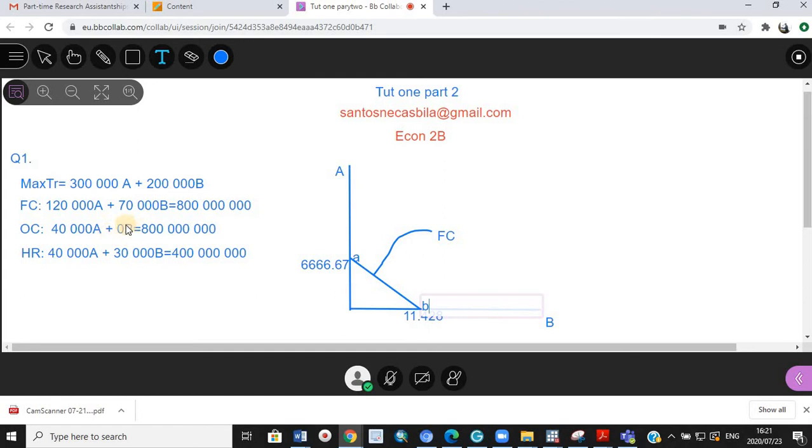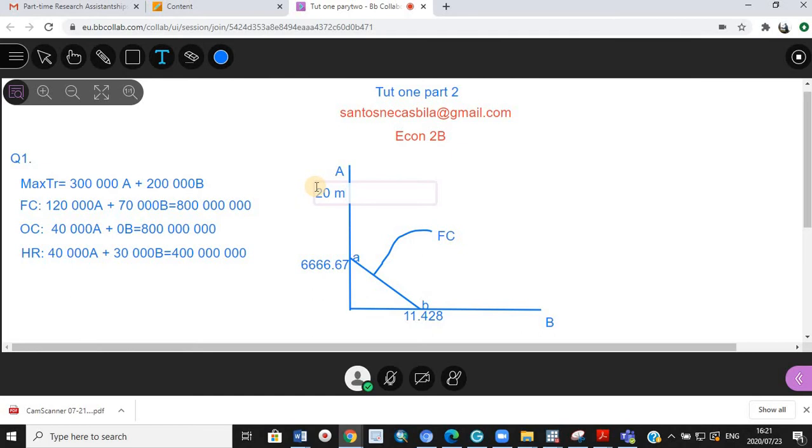This is already 0, okay? So if B is 0, A is going to be 800 million divided by 40,000.